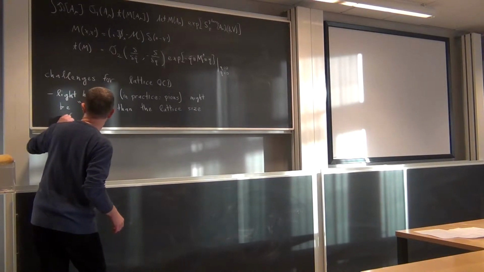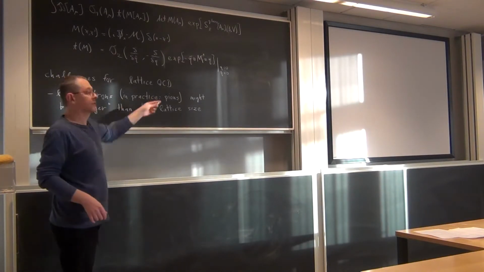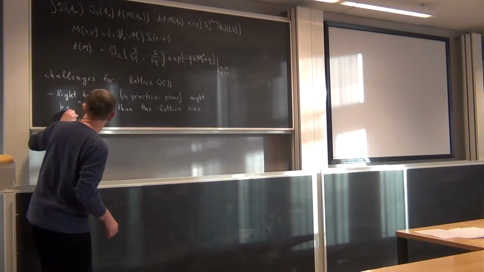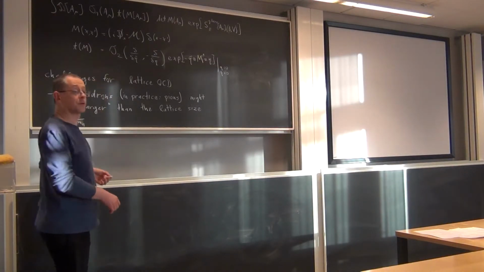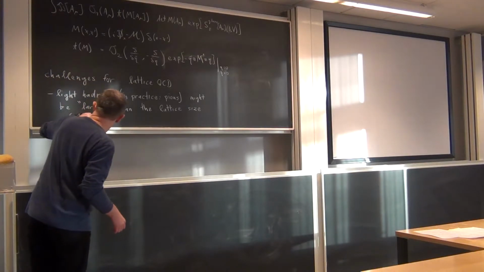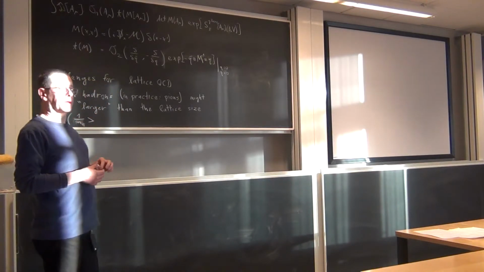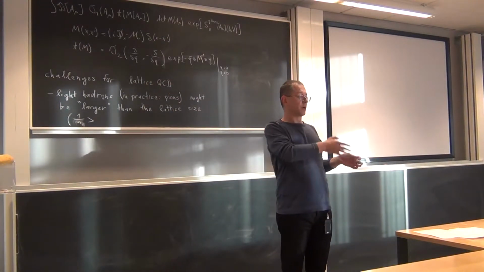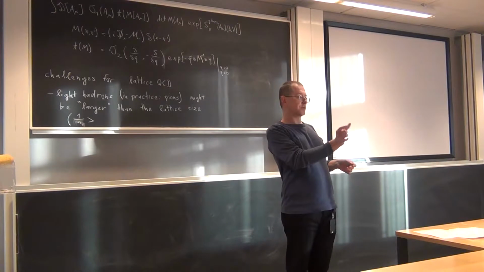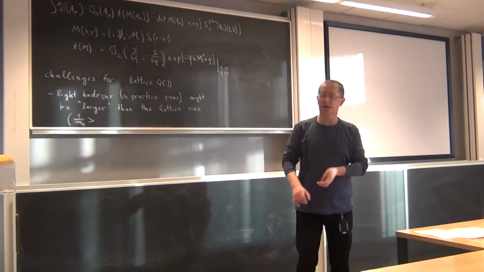So this is if the de Broglie wavelength, 1 over the mass of the pion, is bigger than the total size of the lattice, which is the number of lattice sites times the distance between the lattice sites.